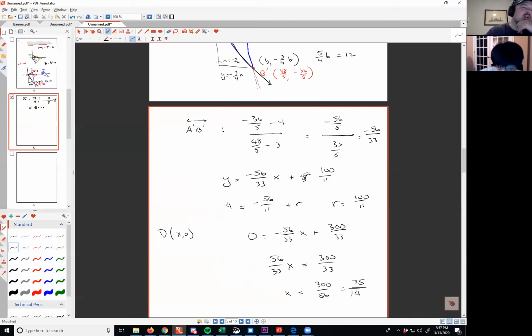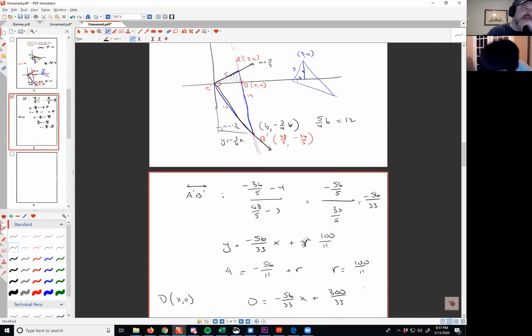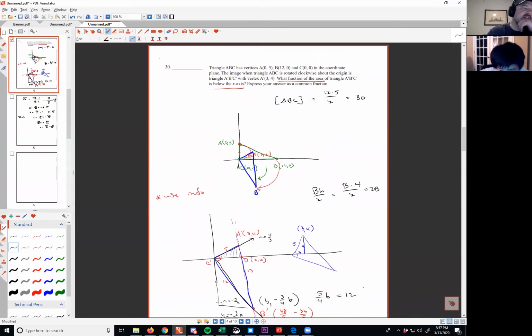Wow. If this weren't problem 30, I'd be worried about my arithmetic. There we have it, 75 over 14. That should be the length of the base.